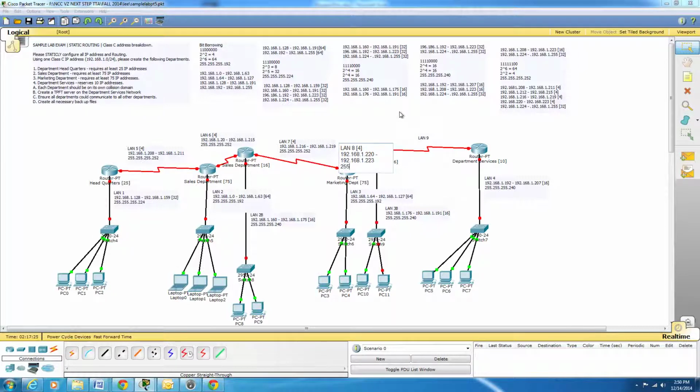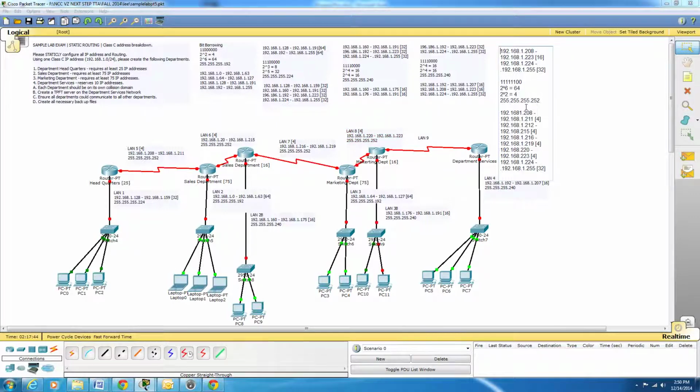Subnet mask 255.255.255.252. Okay, so we are almost complete with all our IP addresses except for this last and final LAN.